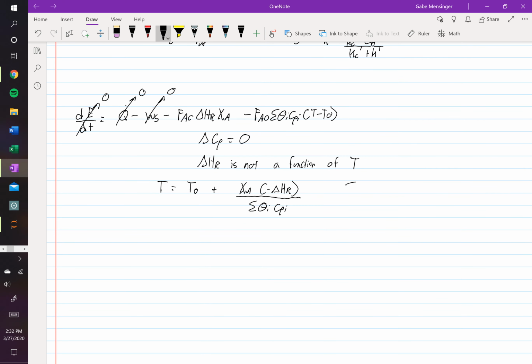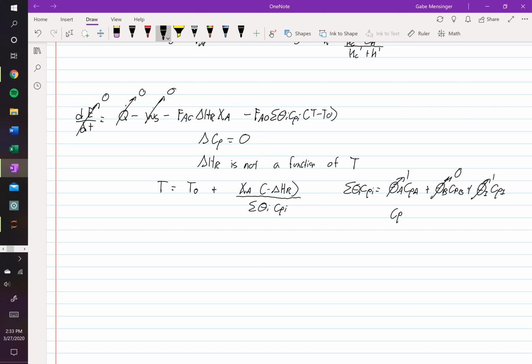We can find sigma theta I CPI. So we have theta A CPA plus theta B CPB plus theta I. Remember, we have an inert coming in too, CPI. It says that we only have A and I coming in, so theta B is 0. Theta A is always 1, and since it's 50% A, 50% I, theta I will also be 1.